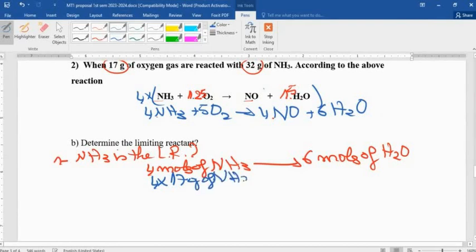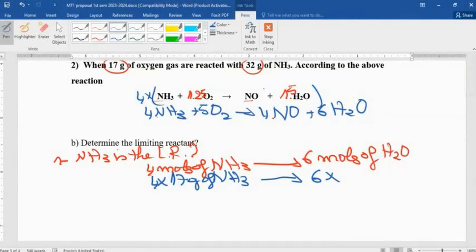of ammonia. From where did we get 17 grams? The molar mass of ammonia is equal to the molar mass of nitrogen, 14, plus 3 times the molar mass of hydrogen, which will give me 17 grams. It produces 6 multiplied by the molar mass of water, 18 grams. How does 18 grams come?